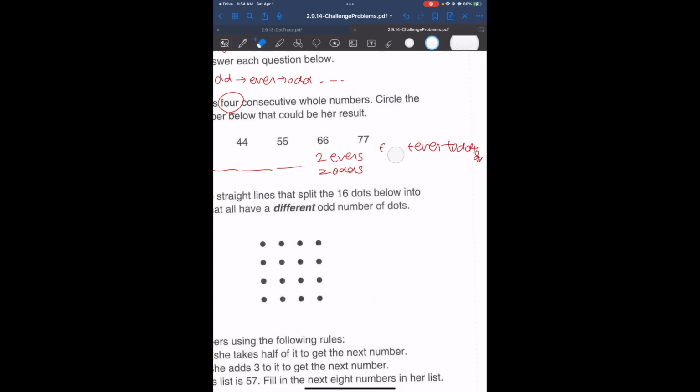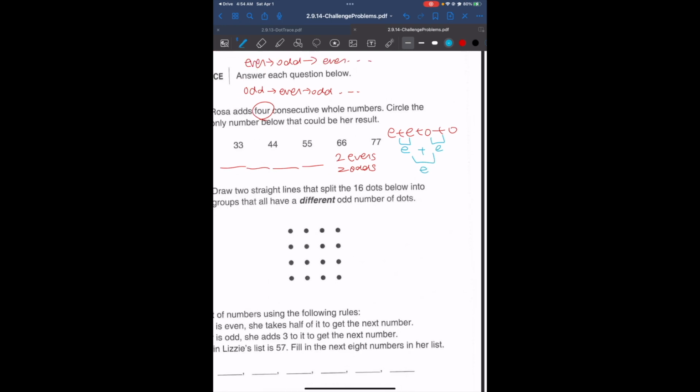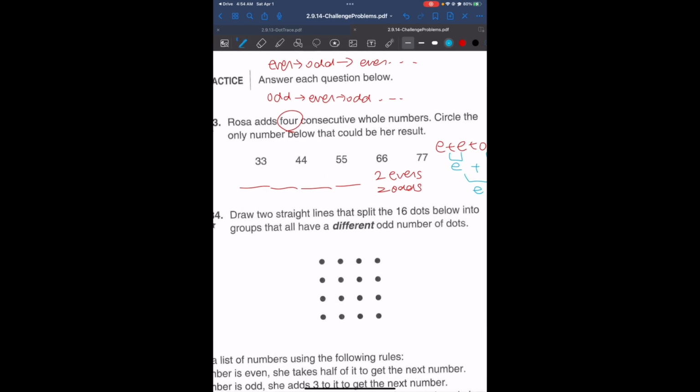Let me rewrite that. I'll just write it as E plus O plus O. We know that even plus even is even, and odd plus odd is even based on the pattern that we learned. And even plus even will eventually give us an even result. So we're going to circle the only number below that could be her result.